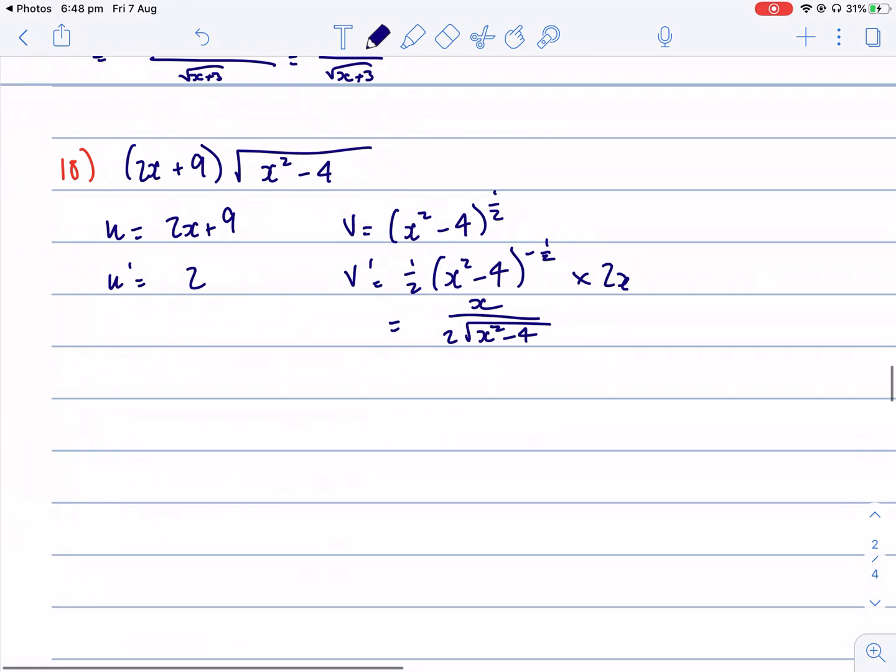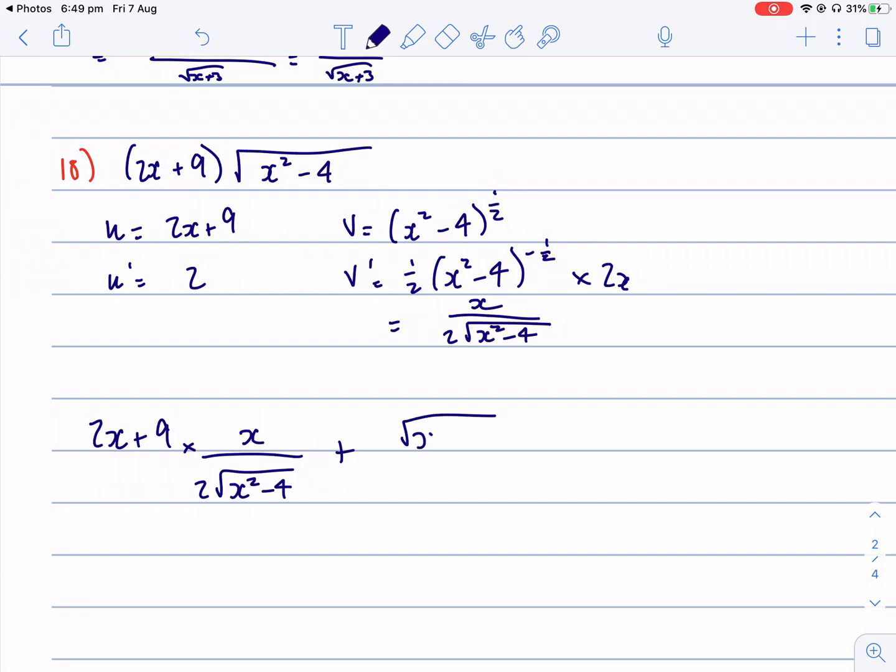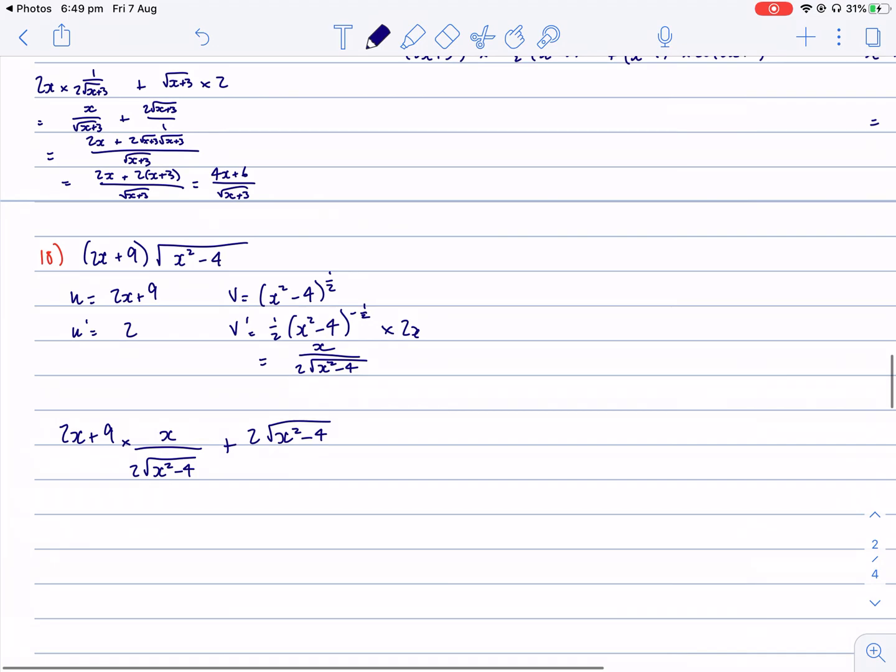So we've got (2x plus 9) times x on 2 root x squared take 4 plus root x squared take 4 times 2. And I'm not going any further with that.